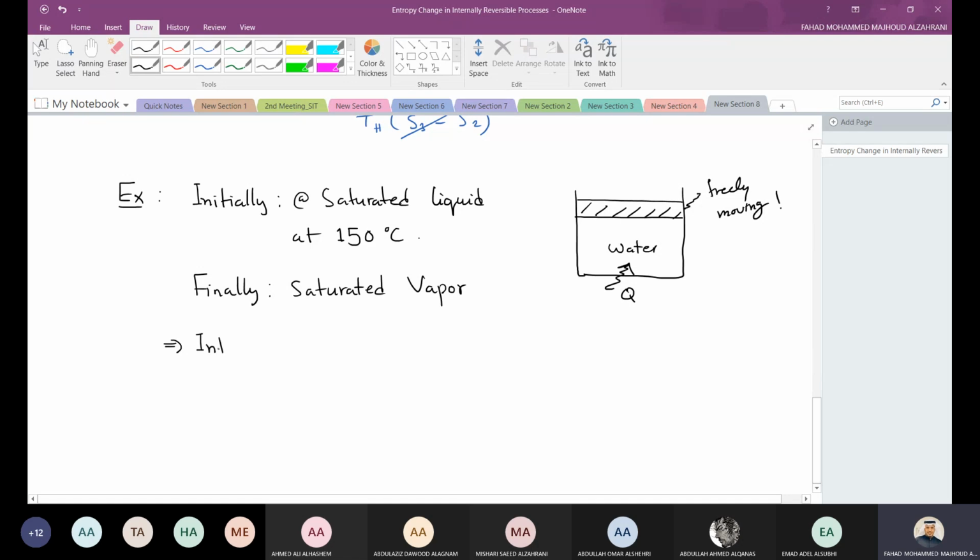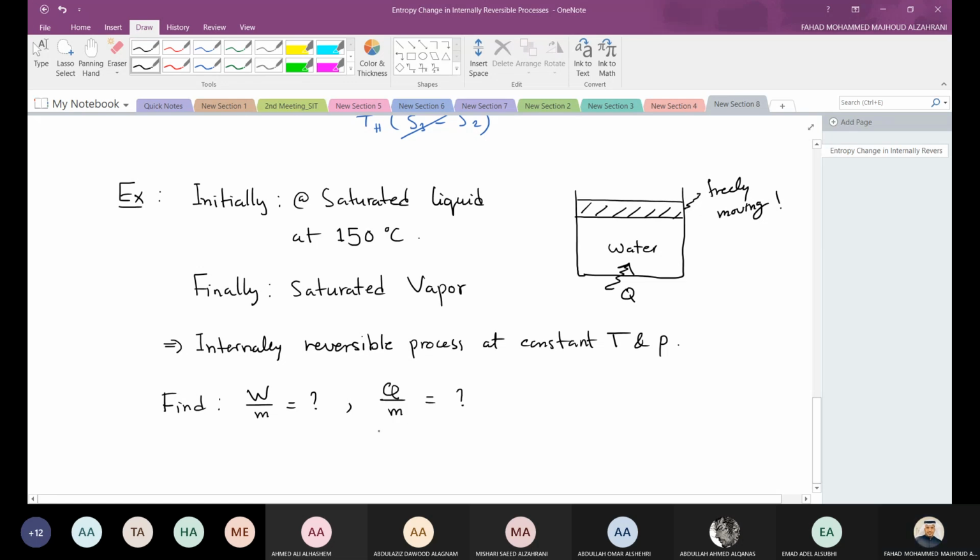So this heat transfer that I'm adding is an internally reversible process at constant temperature and pressure. The question is to find two things: the work per unit mass, or the specific work, and the specific heat transfer. Okay, so this is what is required.